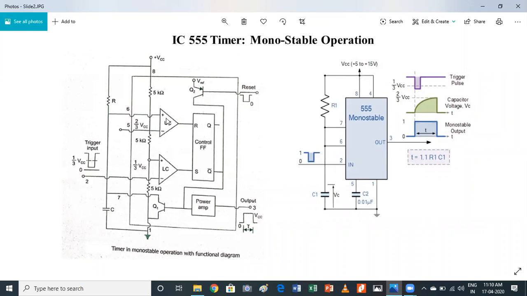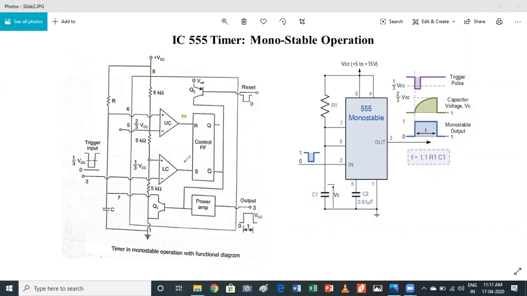The upper comparator's other input is the capacitor voltage. So initially both comparators are at 0.